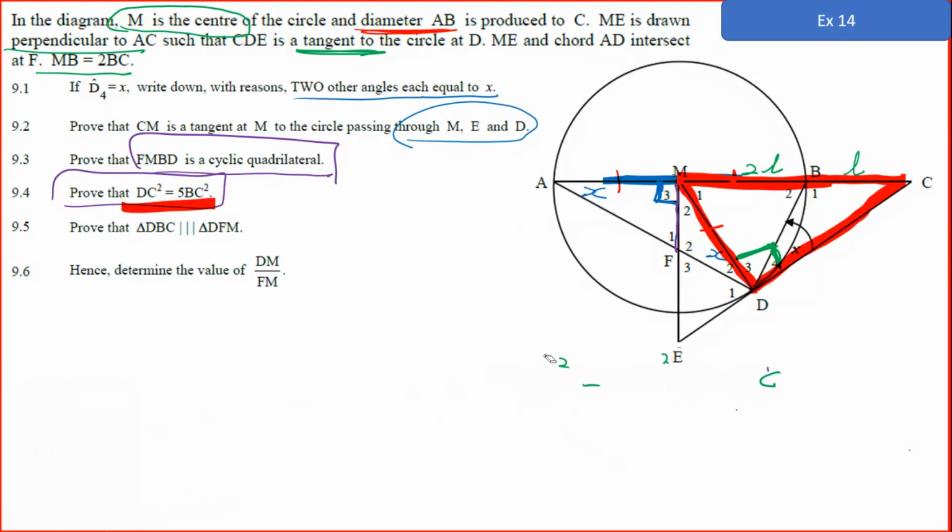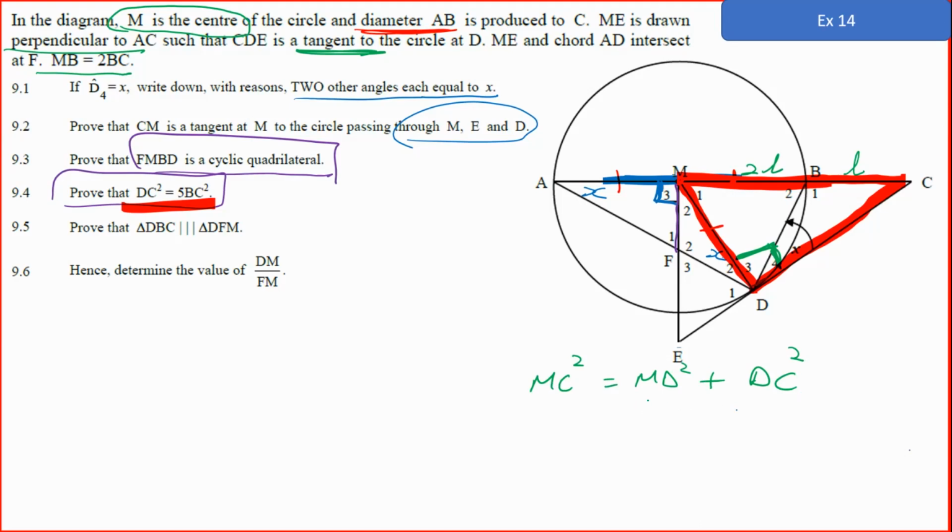What is Pythagoras telling us? MC squared is equal to MD squared plus DC squared. Now, the problem is we want to equate all this to BC.